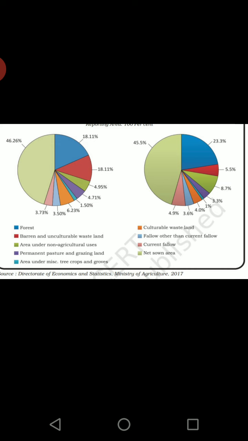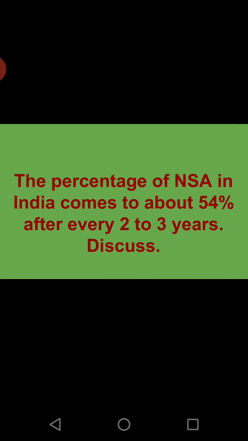Whenever these lands are cultivated, our net sown area for that particular year goes very high. It reaches 54%, and that's why you get a question that the percentage of NSA in India comes to about 54% after every 2 to 3 years. In this you have to give the reference of the other than current fallow land, which is directly given in your textbook.